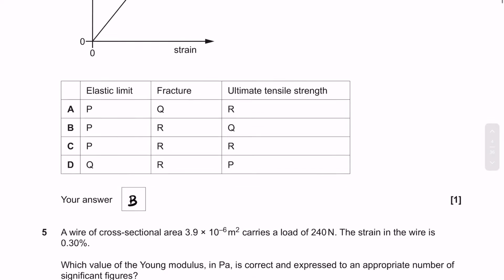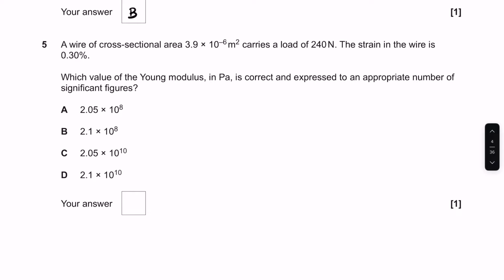Then we have question number 5, which says a wire of cross-sectional area 3.9 times 10 to the minus 6 meters squared carries a load of 240 newtons and the strain in the wire is 0.3%. Which value of Young modulus in pascals, to an appropriate number of significant figures, is correct here?